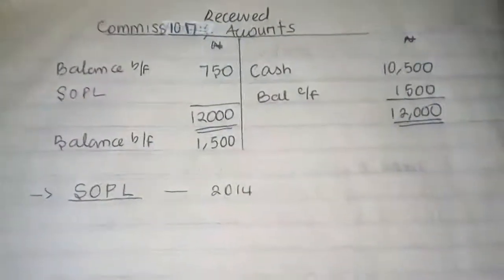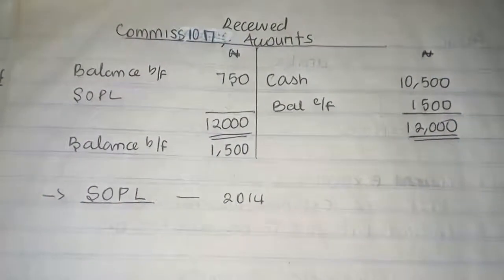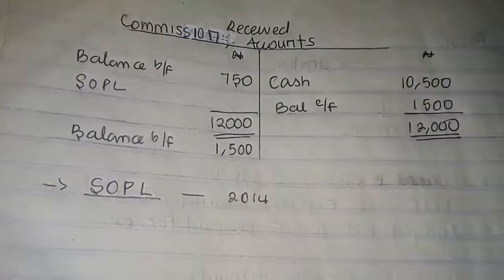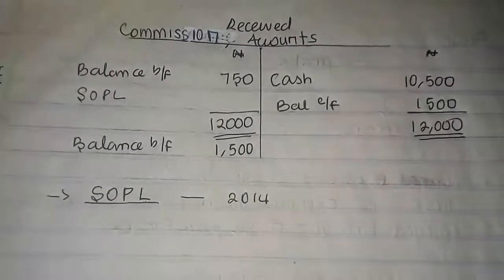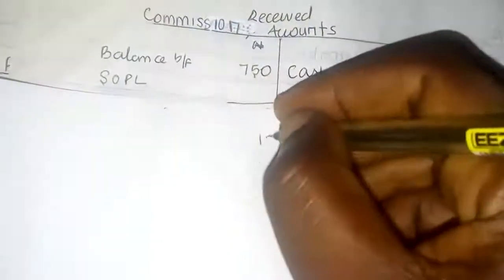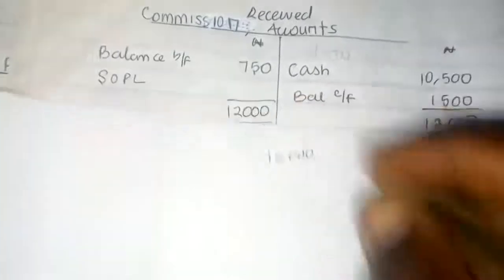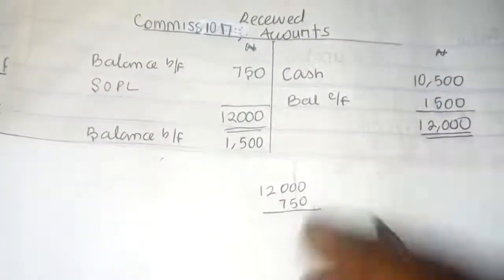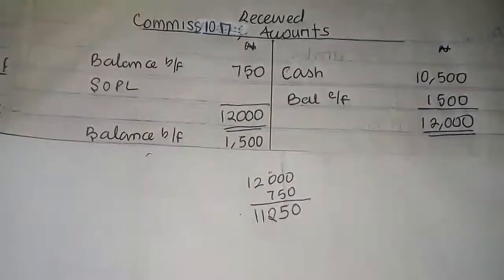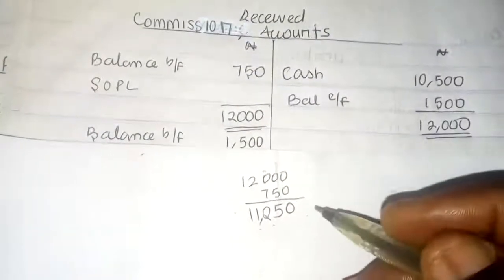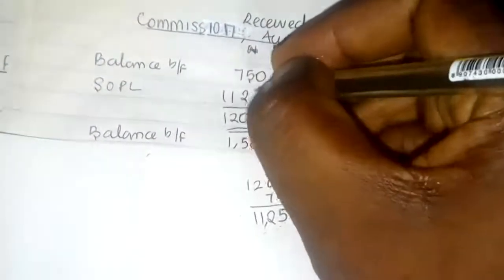Students should study this. This is the accounting process. So the difference, that is 12,000 minus 750, pick up your calculator. What do you have? The difference is 11,250. Then it goes to the profit or loss account.